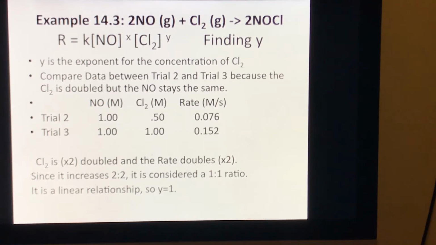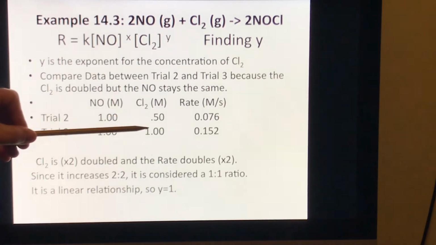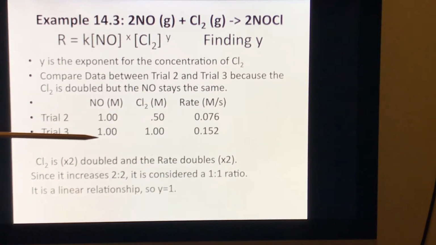So now we're going to determine Y. We determined, as I said before, X is going to be 2, but now we have to determine Y. Y is the exponent for the concentration of the chlorine gas. In this case, we're comparing data between trial 2 and 3 because the chlorine gas is doubled, but the NO stays the same.